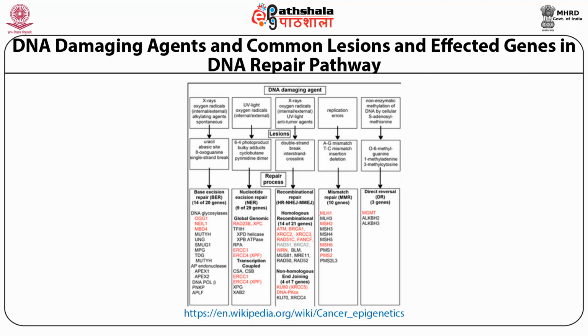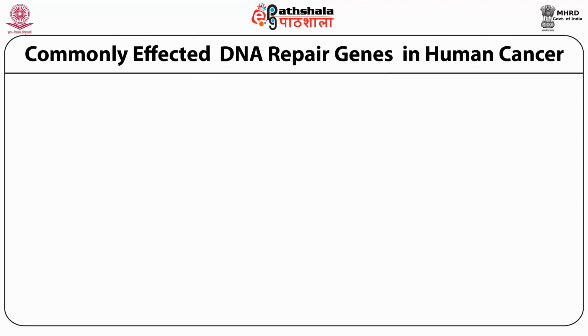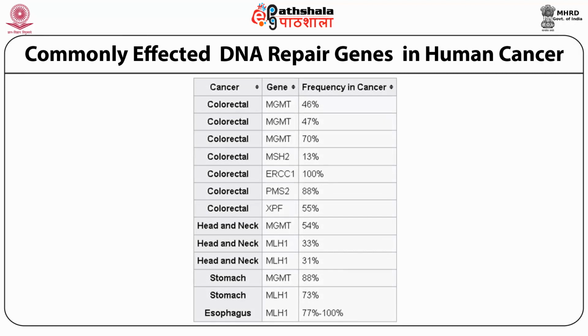However, any defect in this system will lead to inclusion of common lesions in the DNA, leading to genomic instability. As an example, one can see the different genes which are involved in the DNA repair pathway.